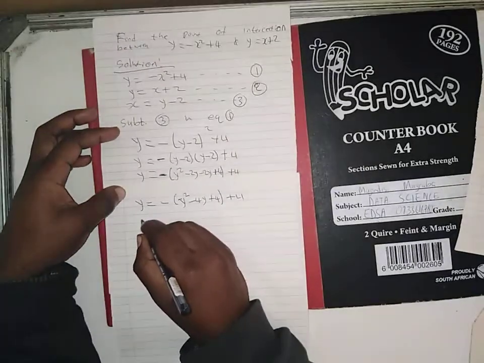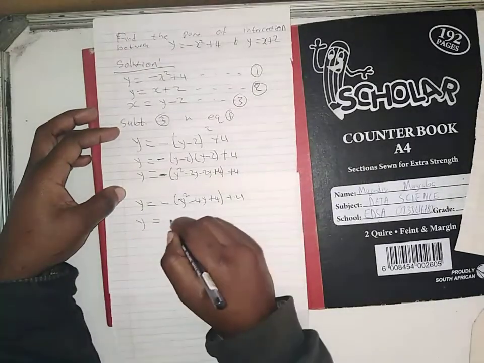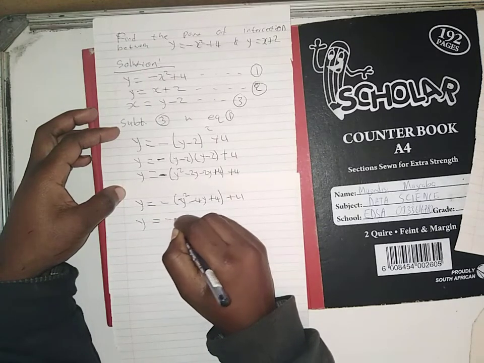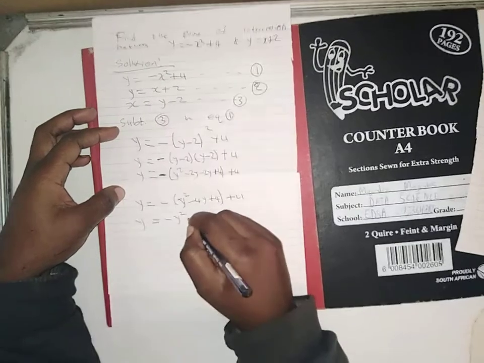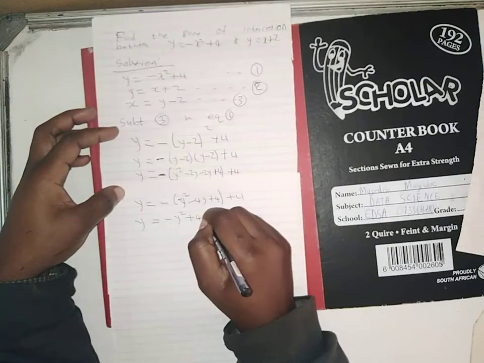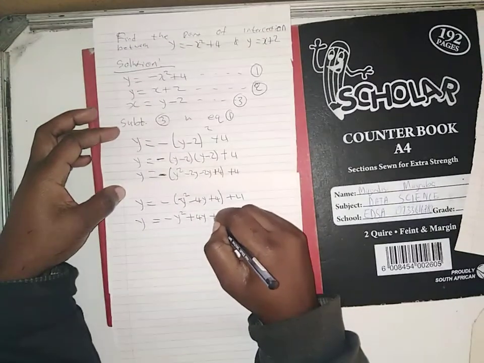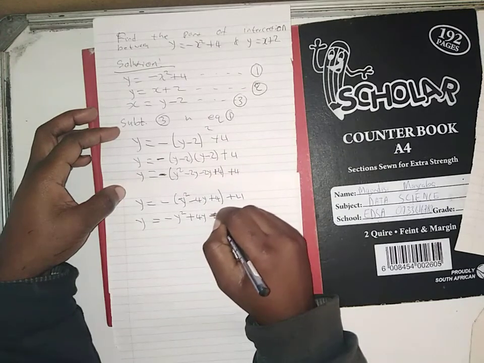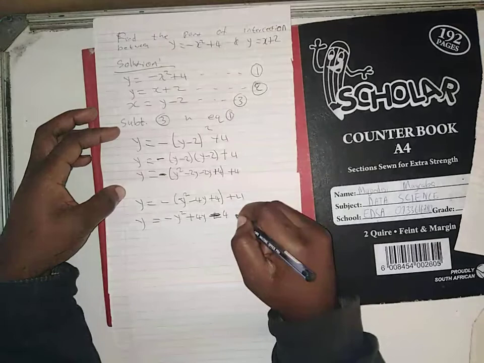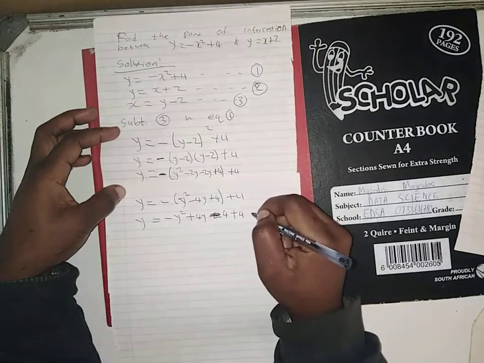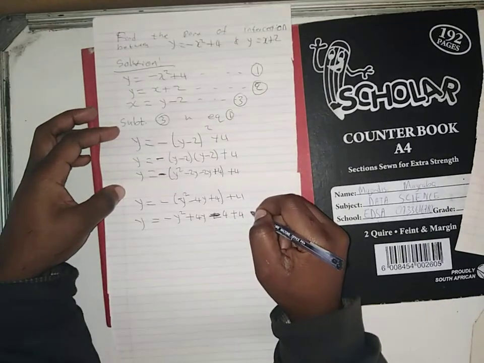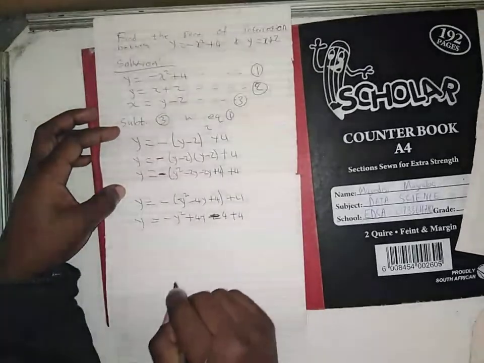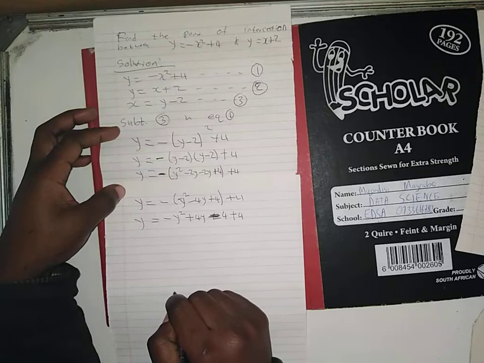When you multiply here, you will have y equal to minus y squared plus 4y, and then you have minus 4 plus 4. Guys, can you see what is happening here? Things get cancelled, which is a nice thing, by the way.